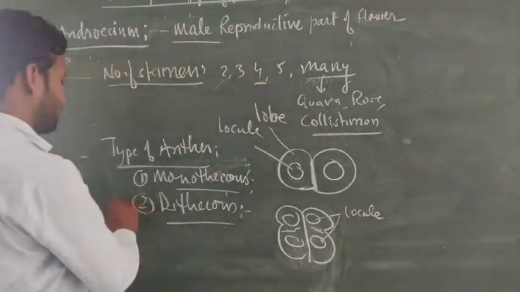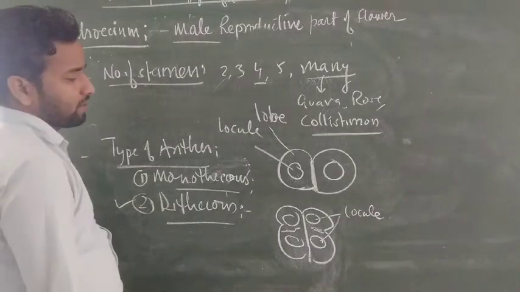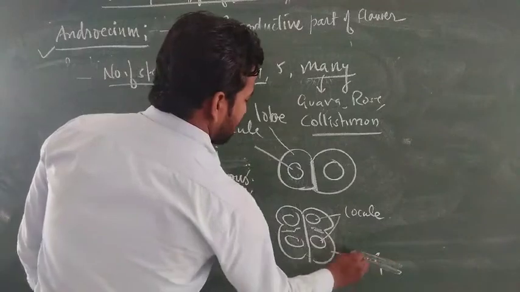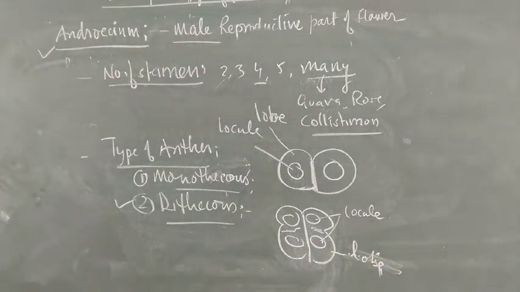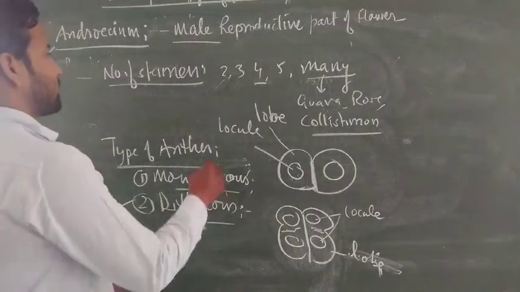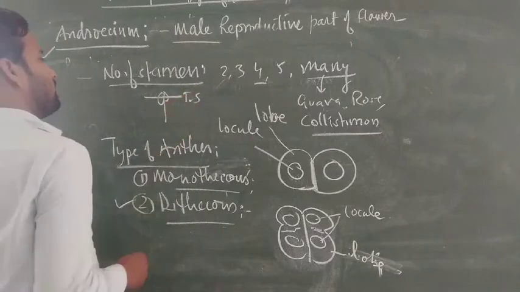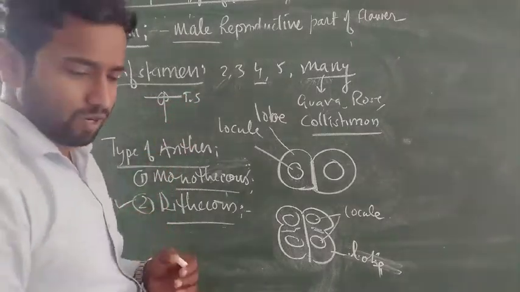It is a very common type of anther found in angiosperms. Each lobe bears 2 locules. If you take a transverse section of the anther, you can find how many lobes are present.